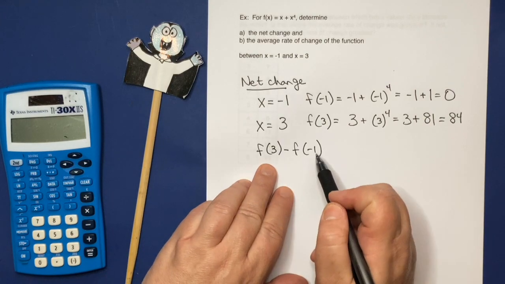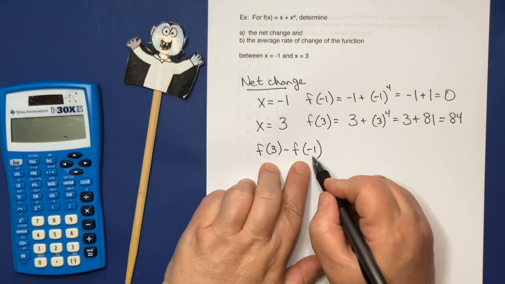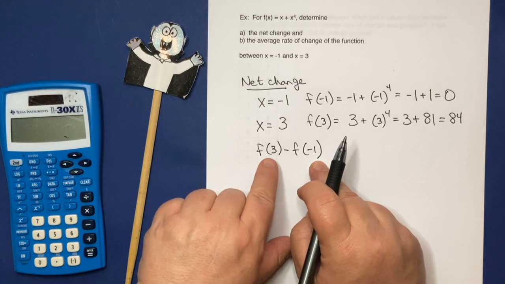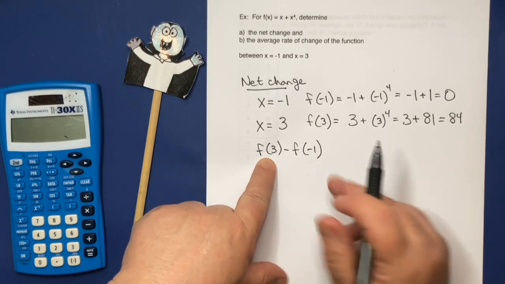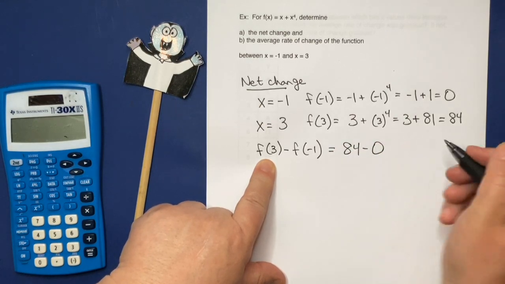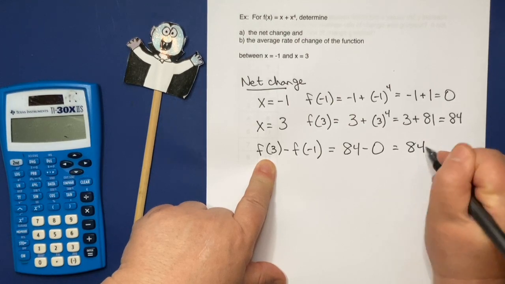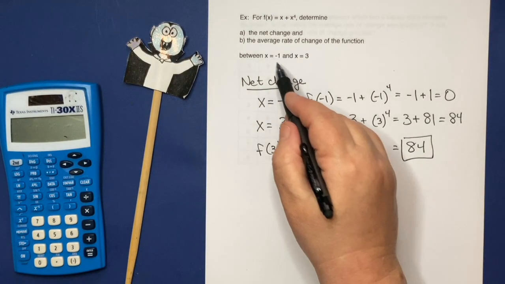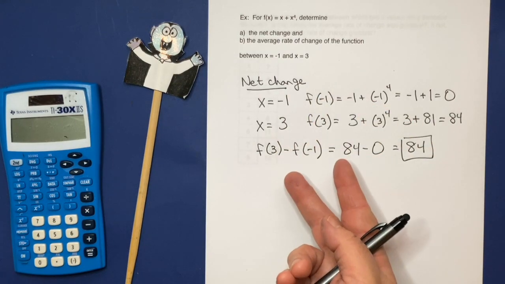So I'm going to subtract the f of -1, which will be my original, my first, and subtract that from the end point there. So let's see, I get 84 minus 0, which is just 84. So that's my net change from -1 to 3. See how we reversed it?